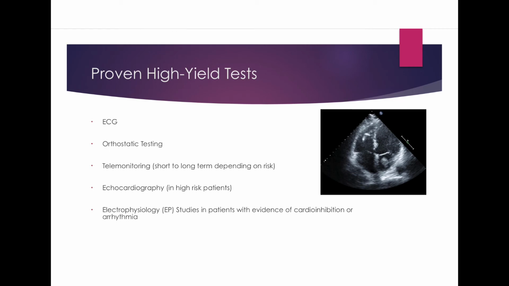Here's an example of an unusual echo finding in a patient who presented with syncope. Here we see an apical four-chamber view of the heart. This would be the right ventricle, right atrium, and left ventricle. We see in the left atrium an unusual echo-dense structure sitting right inside the chamber.